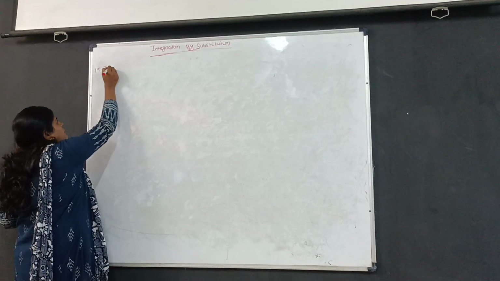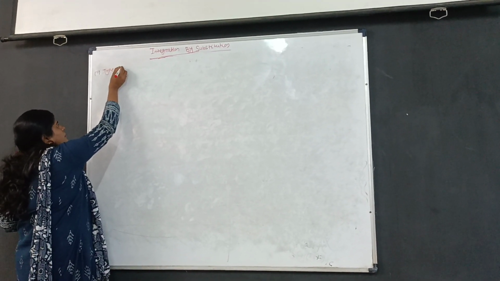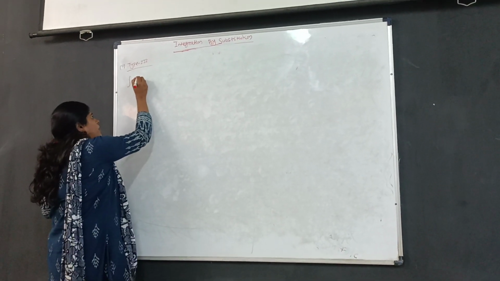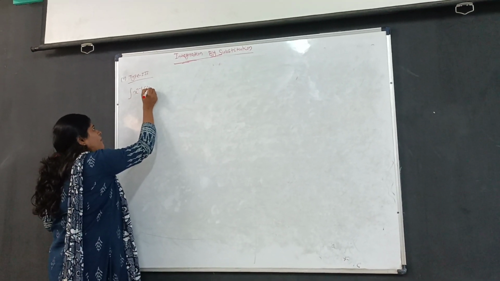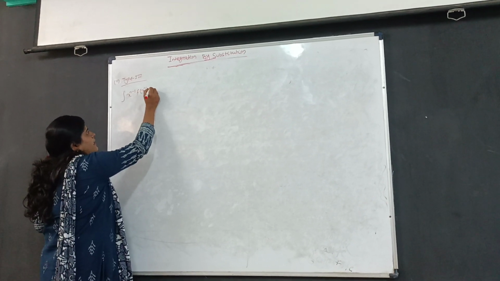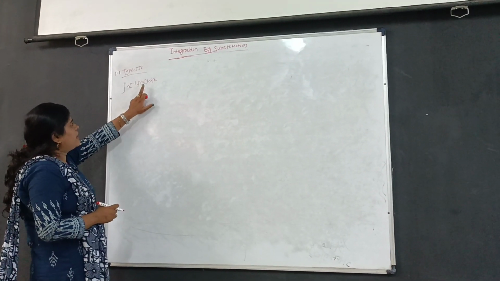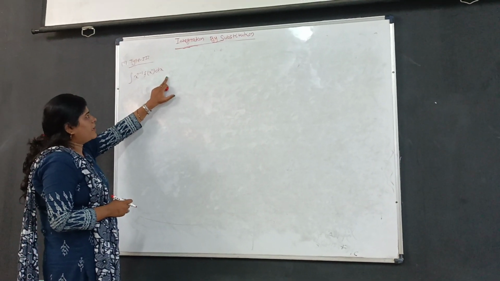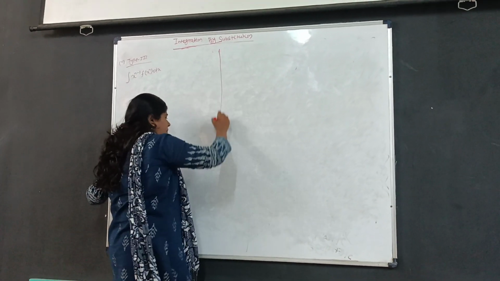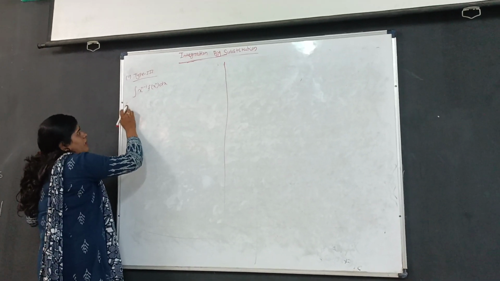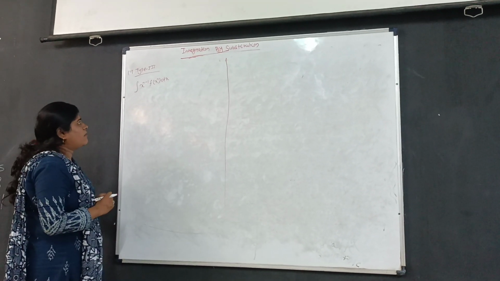Type 2 is of the form integration of x to the power n minus 1 f of x to the power n dx. This cannot be solved by the direct method.